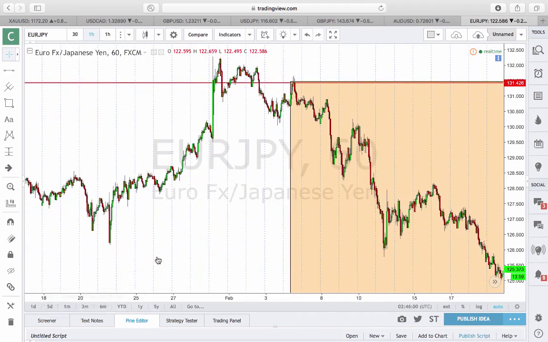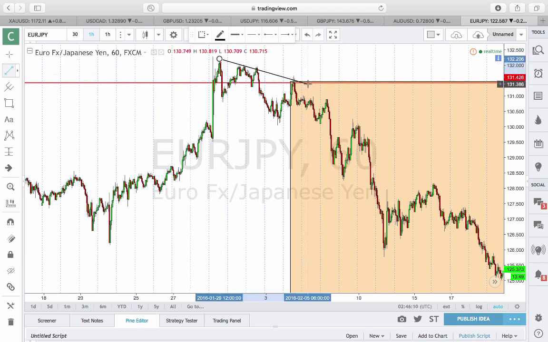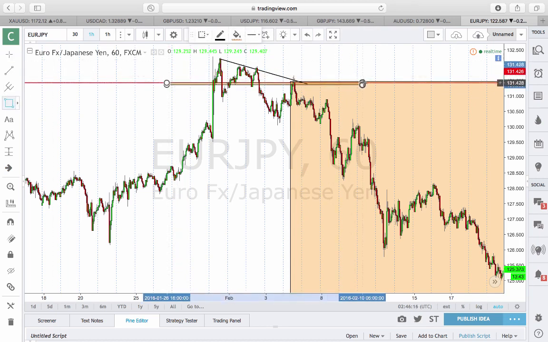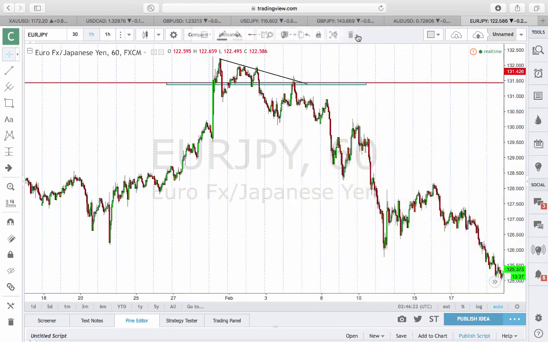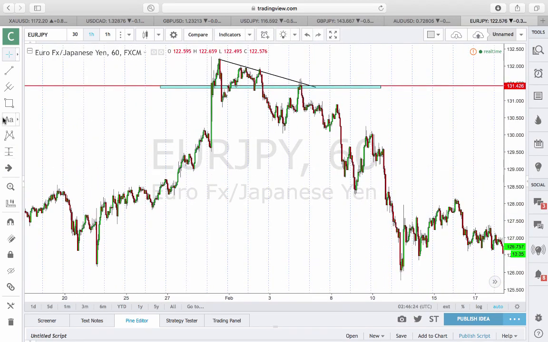What you want to do is you see an area of support. You look to see if there's a trend line, which there is. And then you utilize the power of the zones. Look how simple this is by combining all of them together.